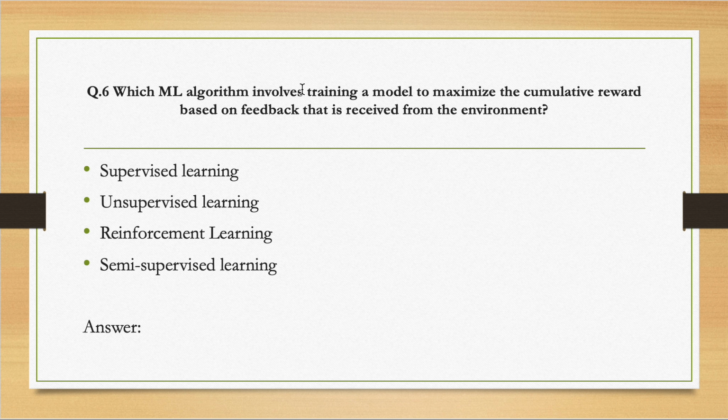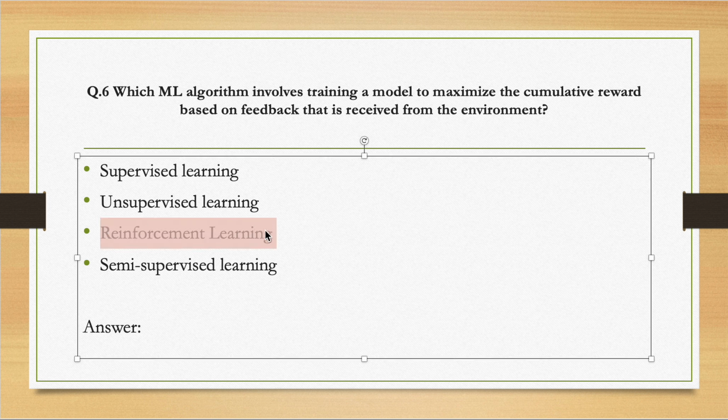Whenever it gets feedback, it learns from the mistakes and makes a better decision next time. So this is simply reinforcement learning. It has this concept based on a reward system. It makes the next decisions accordingly. The rest, I think you would be aware of, supervised and unsupervised. Semi-supervised is a mix of both supervised and unsupervised.